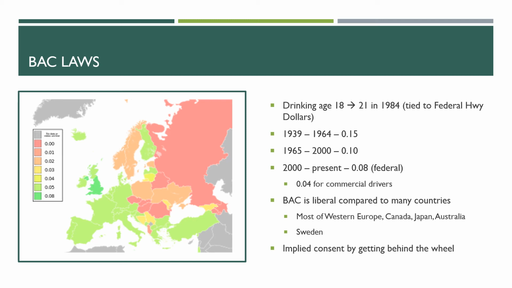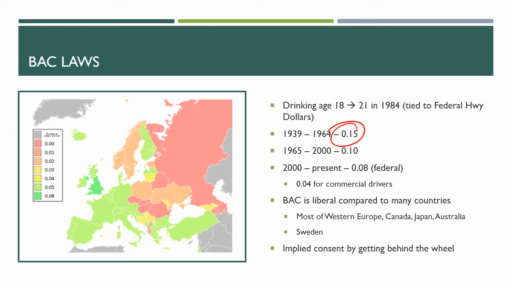Between 1939 and 1964, there was a BAC limit to what would count as drunk driving. There's always been some sort of drunk driving laws as long as we've had vehicles. And until 1964, it was 0.15, which is quite drunk. Now, they didn't have as good techniques for, like, aseptic technique for drawing.